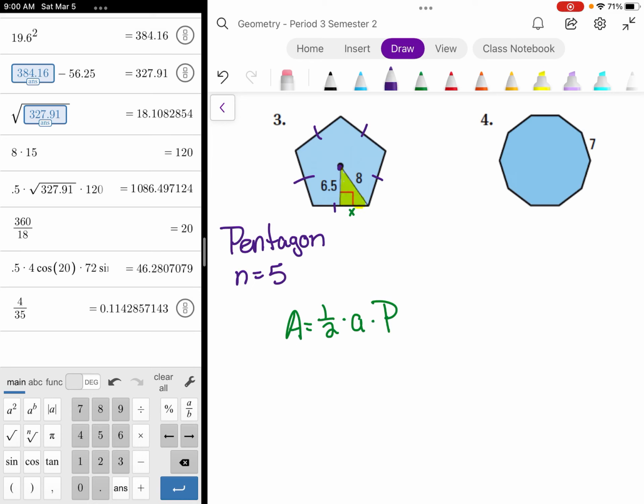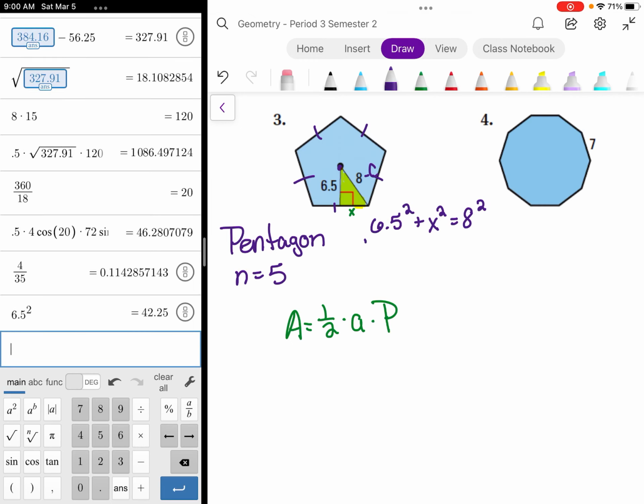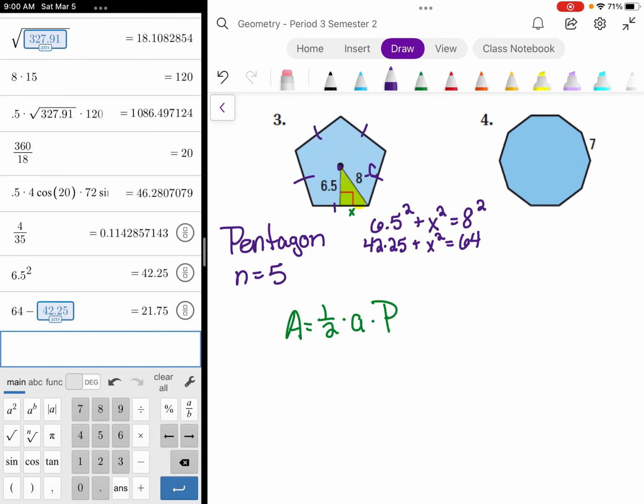And 8 has to be your C value in this. So 6.5 squared plus x squared equals 8 squared. So we'll have 42.25 plus x squared equals 64. And 64 minus the 42.25, x squared is going to be equal to 21.75.